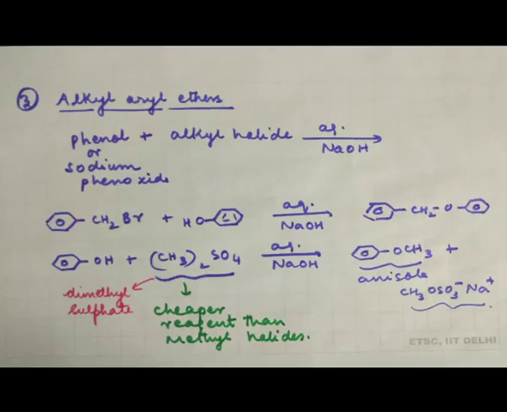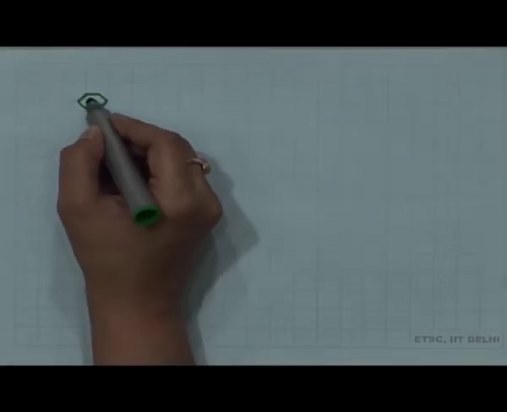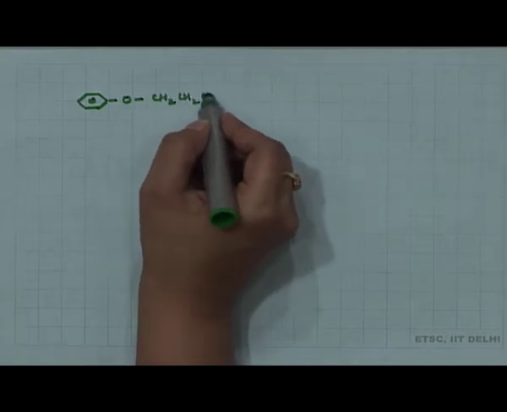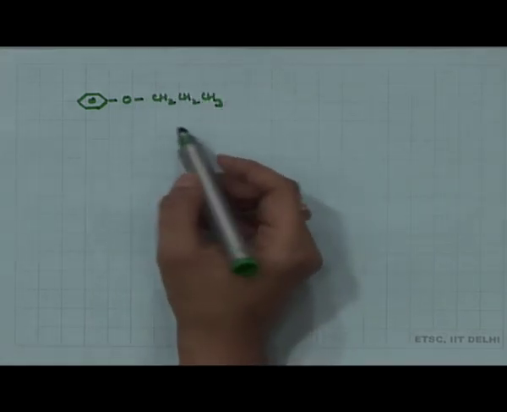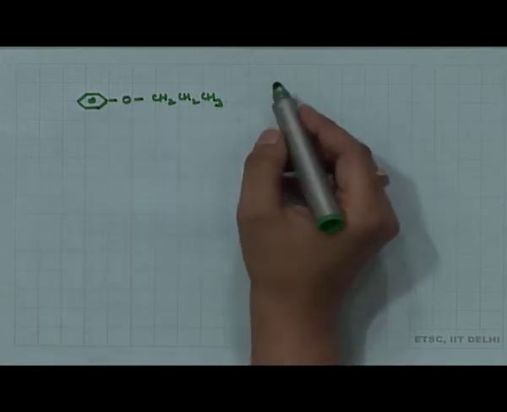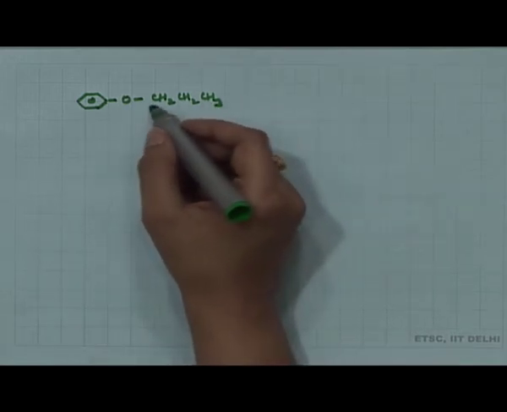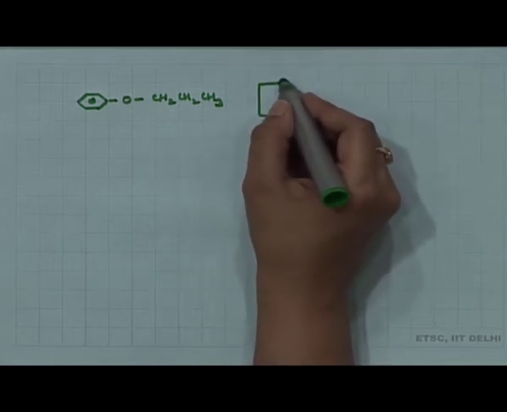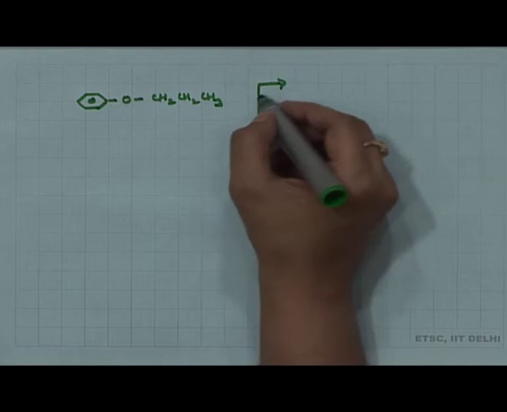Okay, so, in this case again just look at the reagent combination. Suppose you want to make this particular ether. So, you have a propyl group on one side and a phenyl on the other side, a propyl phenyl ether. So, how do you go about it? Again you have two choices, two routes to think about.